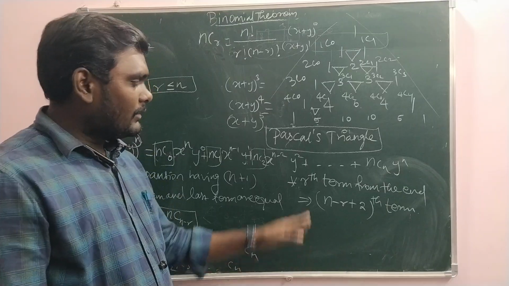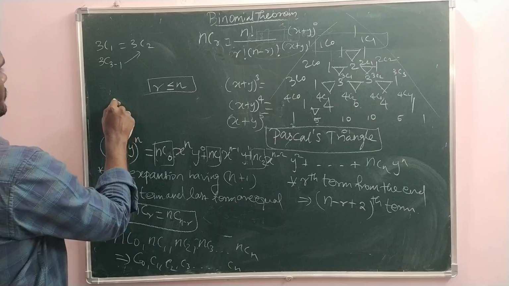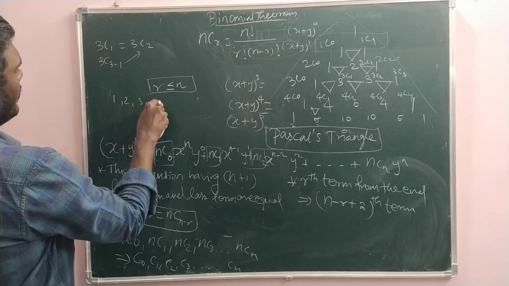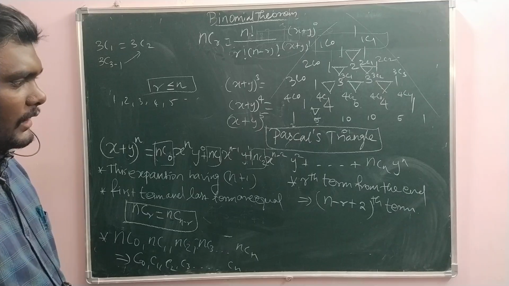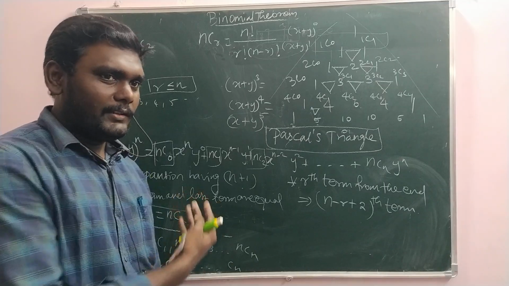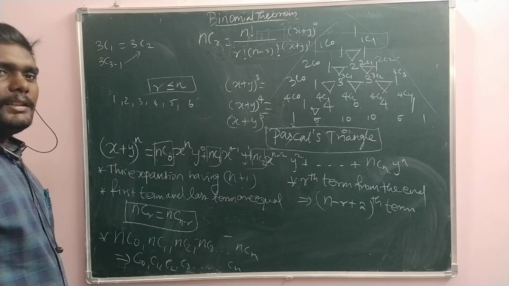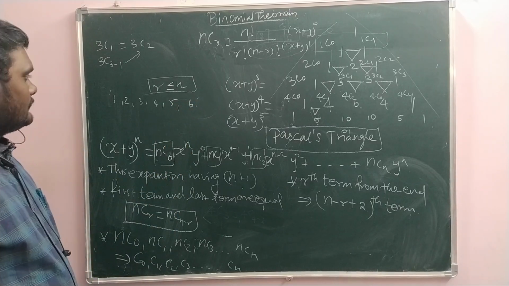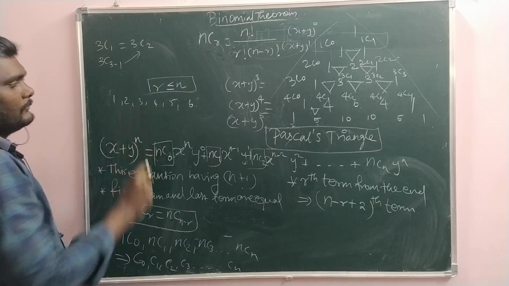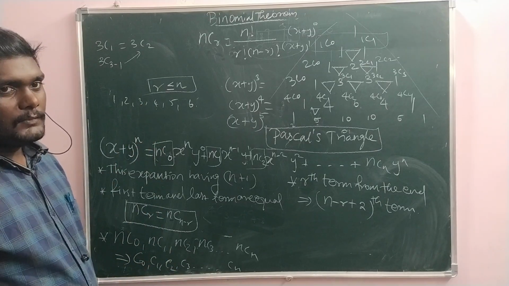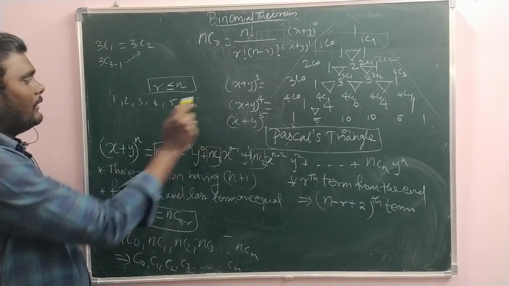The rth term from the end, in the sense, suppose we have 5 numbers like 1, 2, 3, 4, 5. I want the rth term from the end. That's what I am explaining. See, we have 5 numbers, or let it be 6 numbers. The third term from the end is what? 4. I mean the 4th number from the beginning.